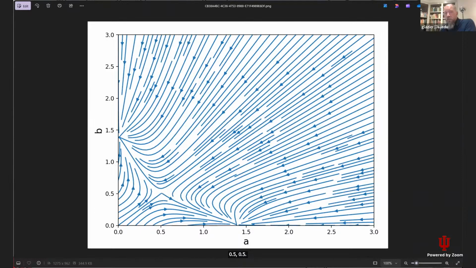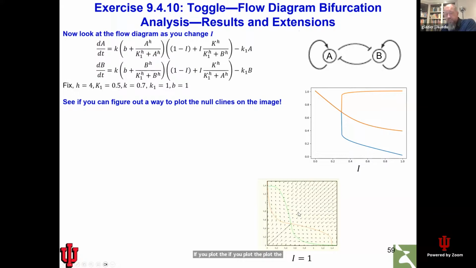Now here you're plotting the flow. If you plot the vectors, you get a slightly different result. That's for I equals 1. Now why don't you try redoing that for I equals 0, I equals 0.2, 0.5, and so on, and see what happens.